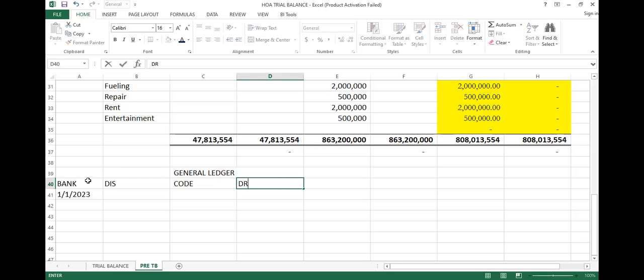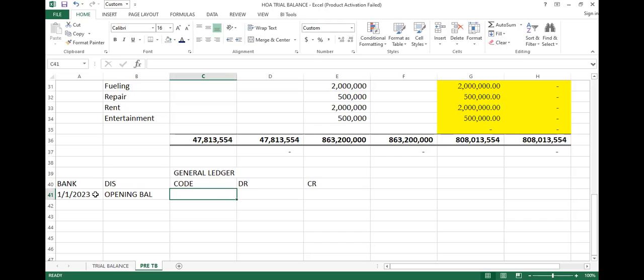Then we are going to have debit. You have to have credit. So what is the opening balance as at January? So this description will be opening balance. The code can be 0001.